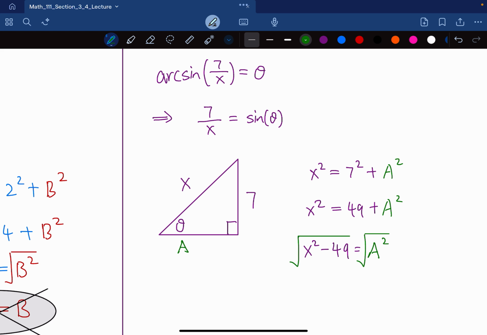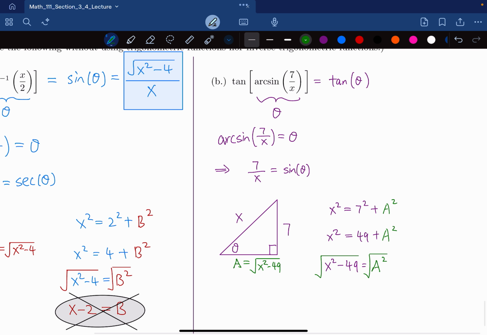Again, don't try to quote unquote simplify, because you will be wrong. So square root of x squared minus 49. And as soon as I complete my triangle here, going back to the previous question, tangent theta, very simple, opposite over adjacent. So 7 over radical x squared minus 49. Okay, and that is the final answer for this problem.